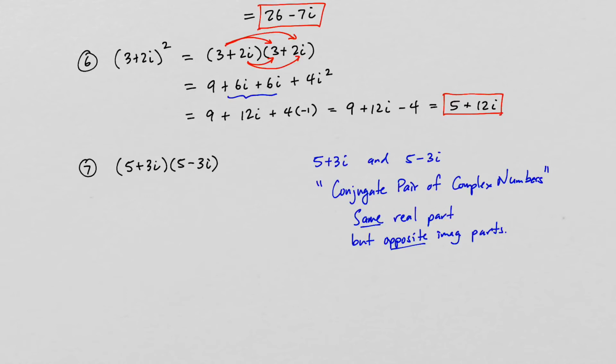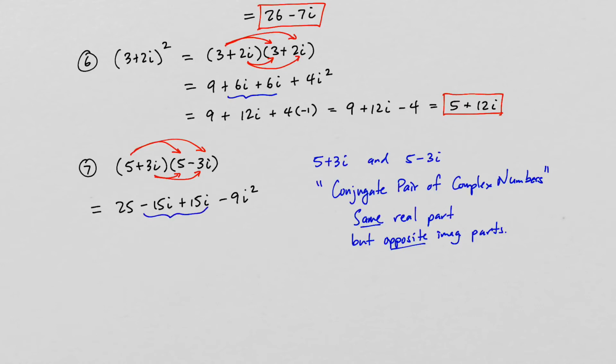So let's go ahead and go through and FOIL and see what we get. So 5 times 5 is 25. 5 times negative 3i is negative 15i. Positive 3i times 5 is positive 15i. And 3i times negative 3i is negative 9i squared.